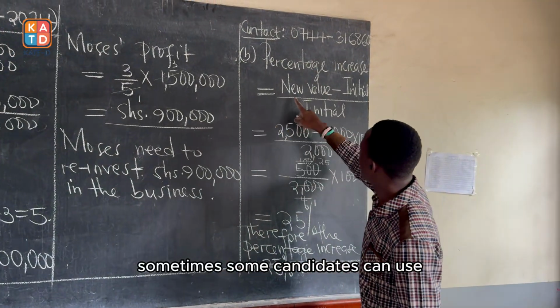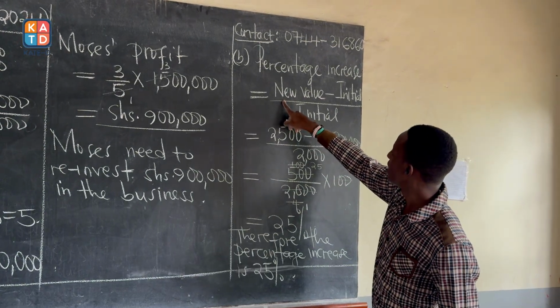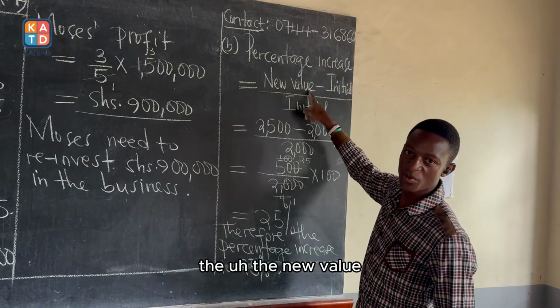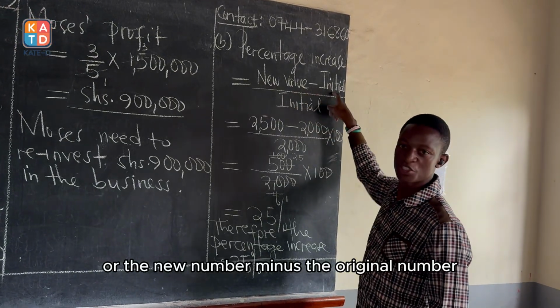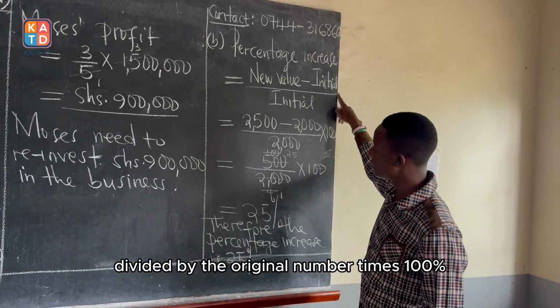Sometimes some candidates can use the new value or the new number minus the original number divided by the original number times 100%.